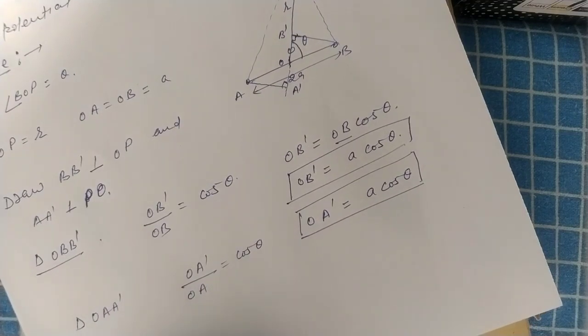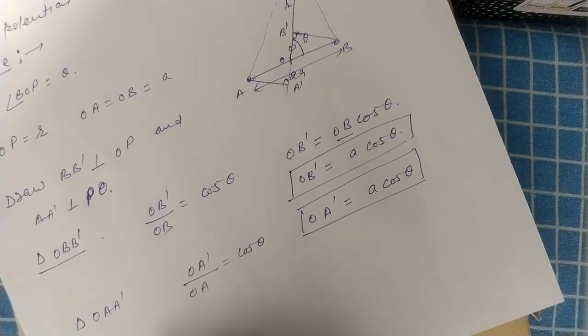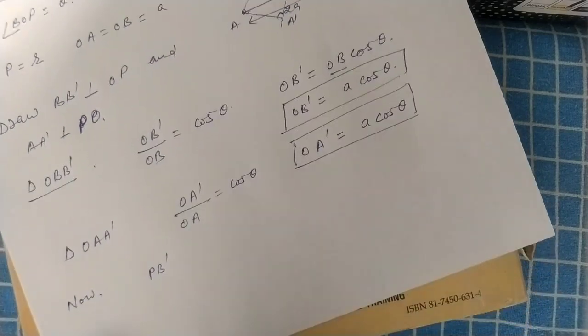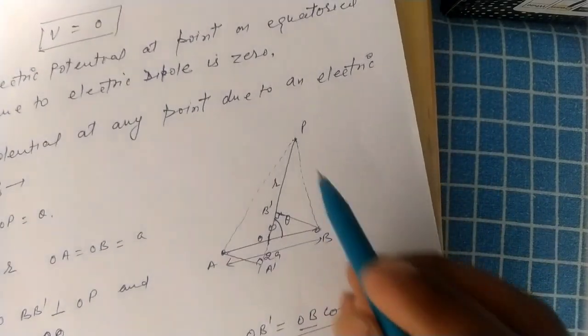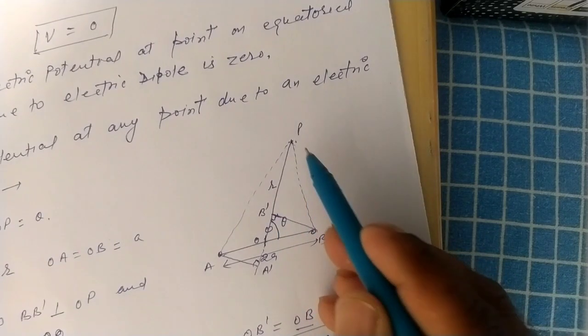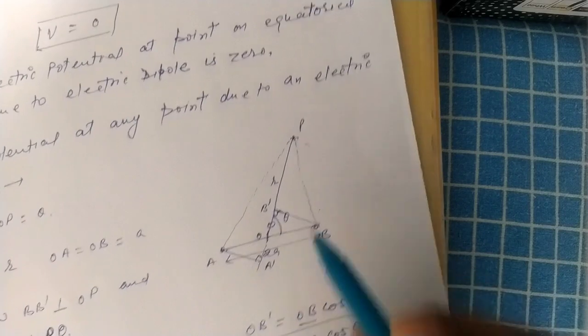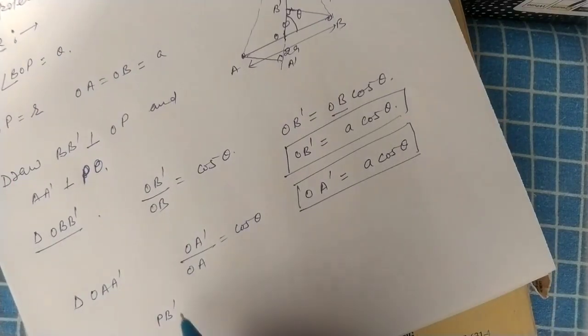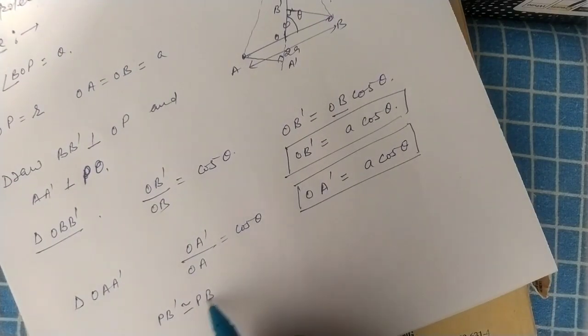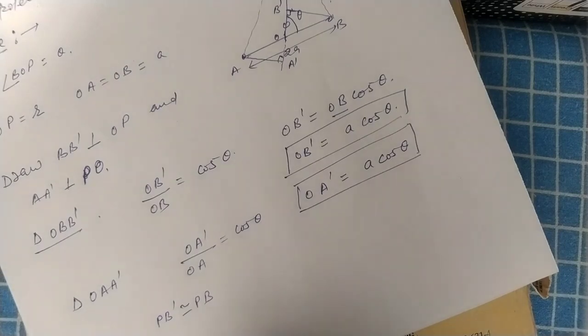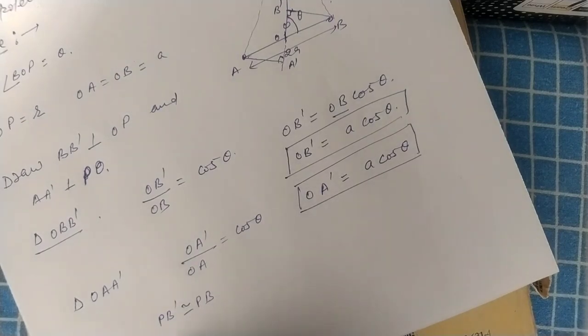Now PB dash in the diagram is nearly equal to PB. We can write PB dash is nearly equal to PB, or we can say PB is equal to PB dash.